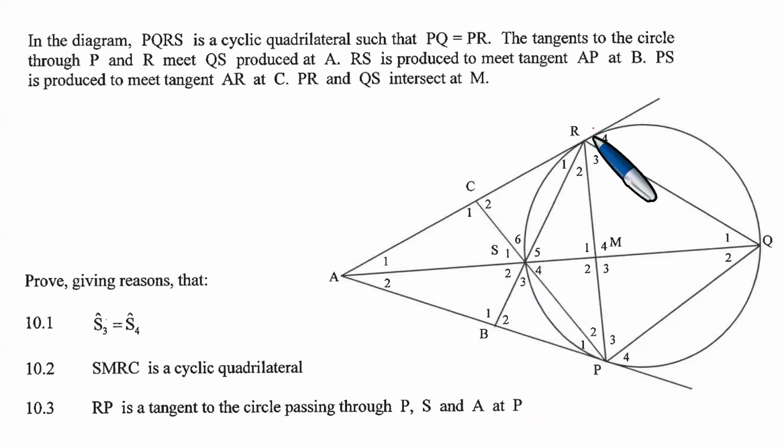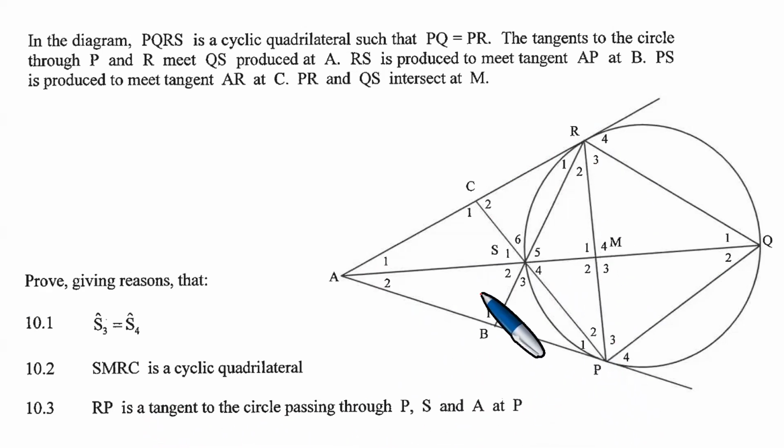Right, so at this point, you have R and P. There's a circle that passes through P, S, and A. So in other words, we need to show that at this point, RP is a tangent.